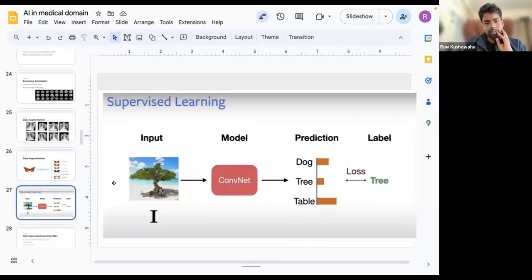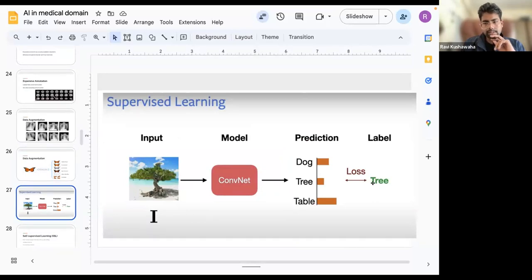One more thing, one new concept in medical imaging is self-supervised learning. First let's see what is supervised learning. In supervised learning, let's say you have an image of a tree and you pass it through some convolutional neural network, and it predicts dog with some probability, tree, and table with the highest probability.